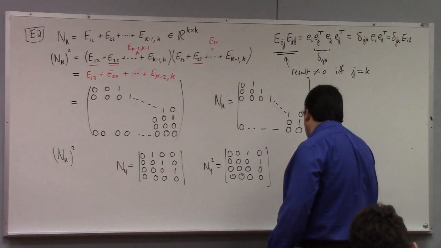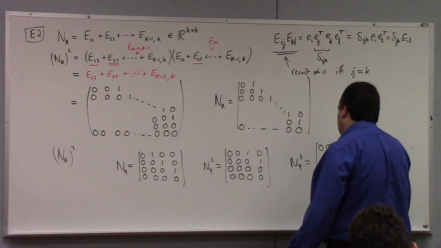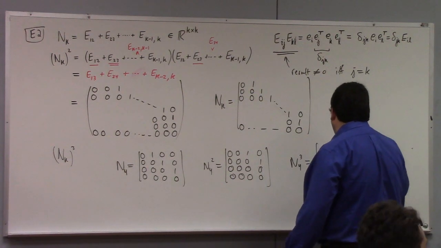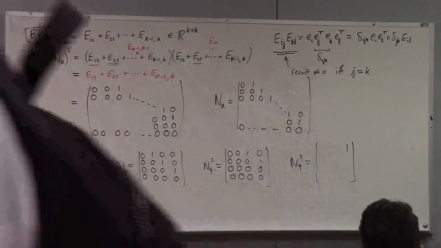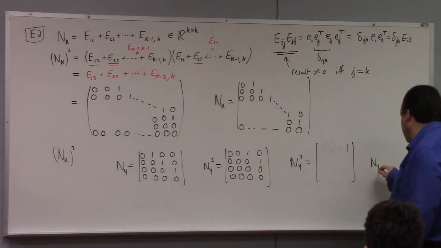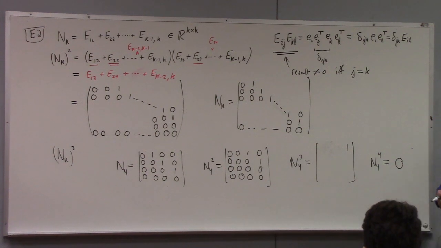N sub 4 cubed, I should just write the non-zero things, that would be a lot less. So there's n sub 4 cubed. Everything else is 0. And then n sub 4 to the 4th power is 0.